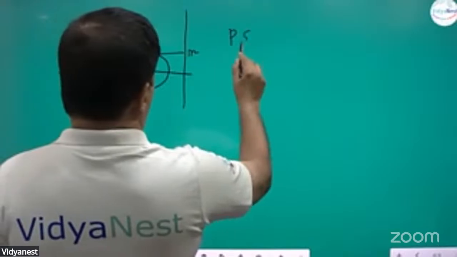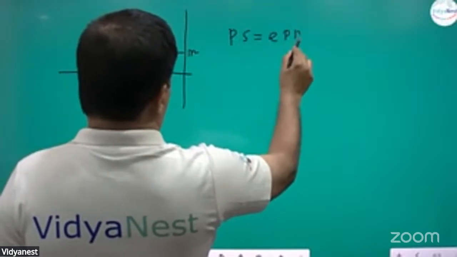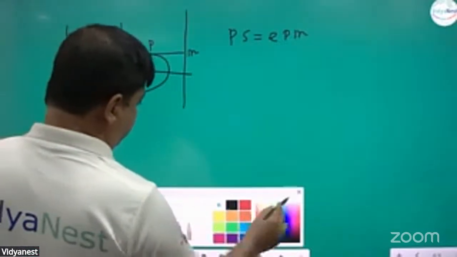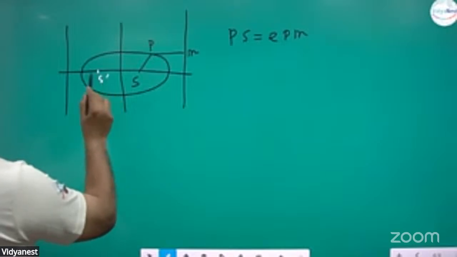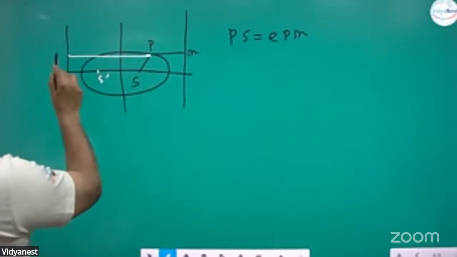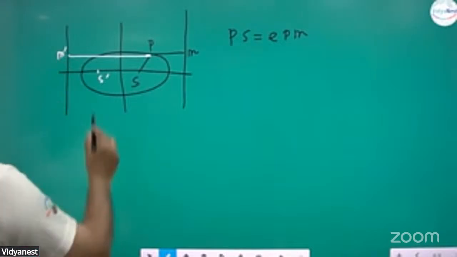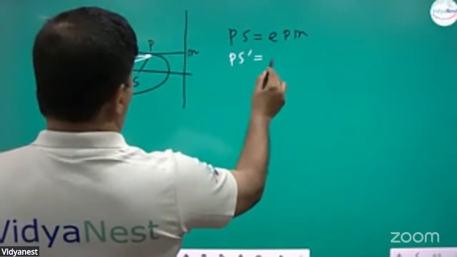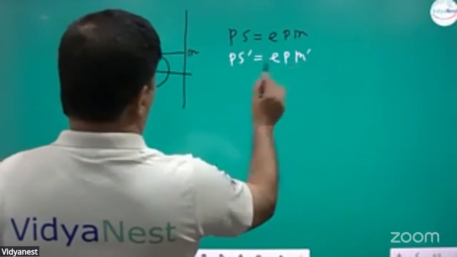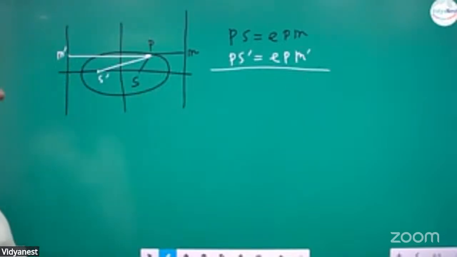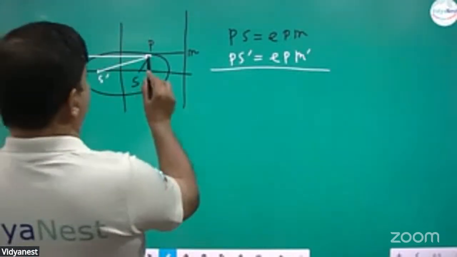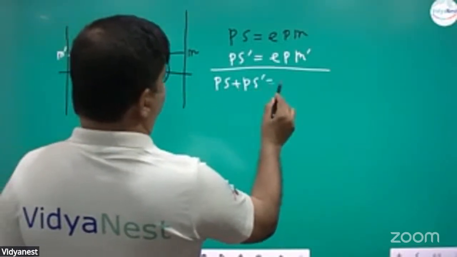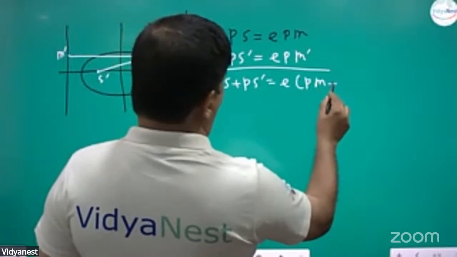We know PS is equal to e times PM. And on this side also, PM dash. Add them and see the outcome: PS plus PS dash equals e times PM plus PM dash.